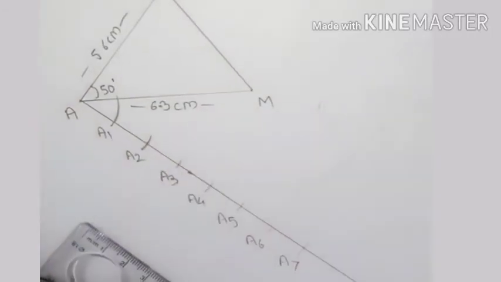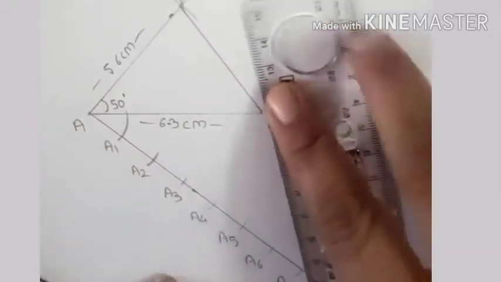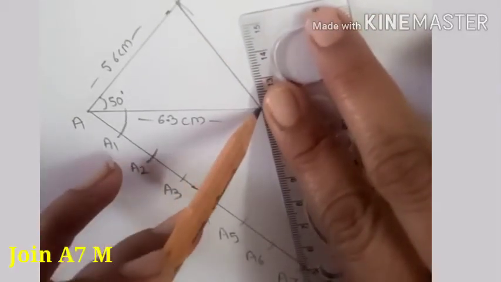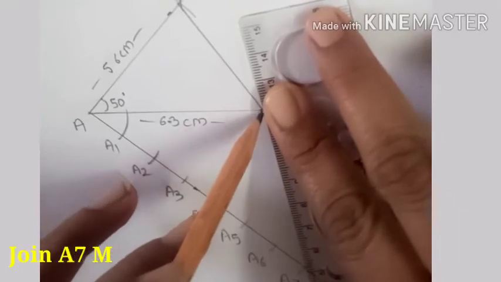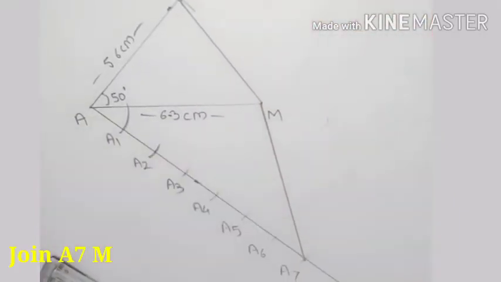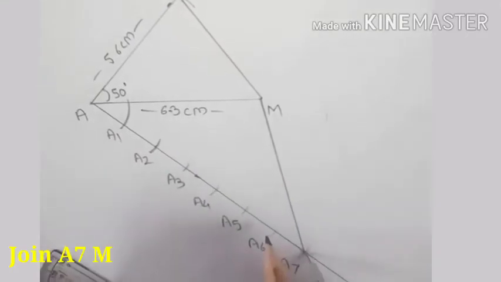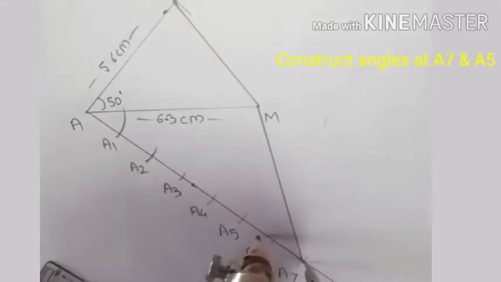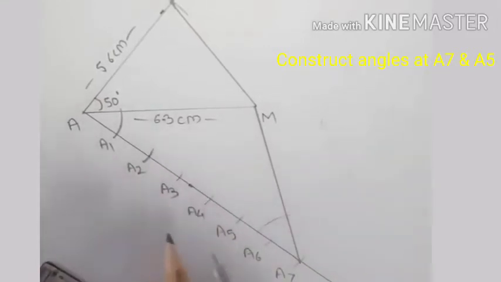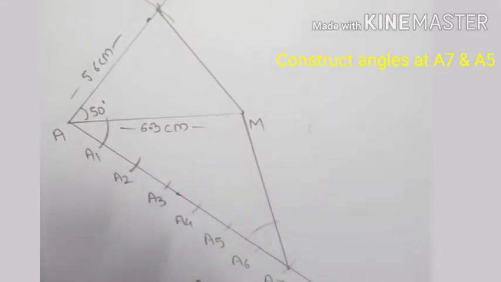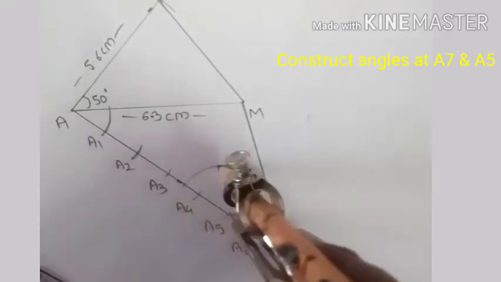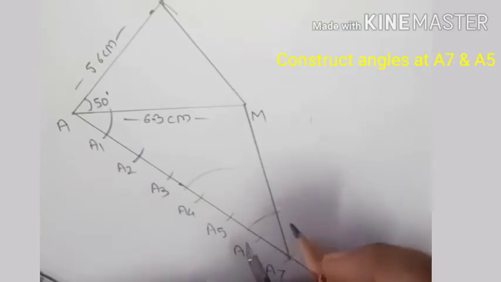Now as the given ratio shows 7 towards the side of AMT, join A7 towards the point M. Now in the given ratio, the side of triangle AHE joins the point 5, so we will draw a congruent angle from point A7 to point A5.